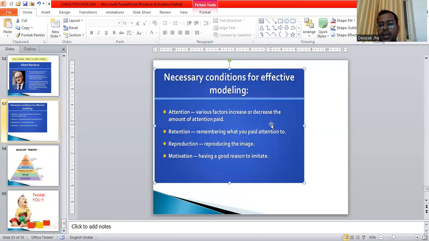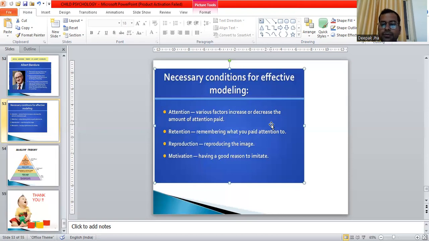There are better chances if the model is a sibling of the child. If you want to induce a positive behavior in a child and the model being used is a sibling of that same child, then the chances of social learning are very high. Another thing which can be used is parents.